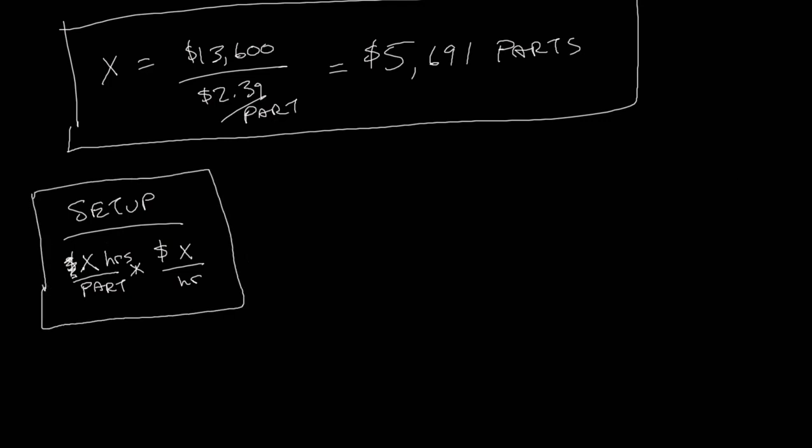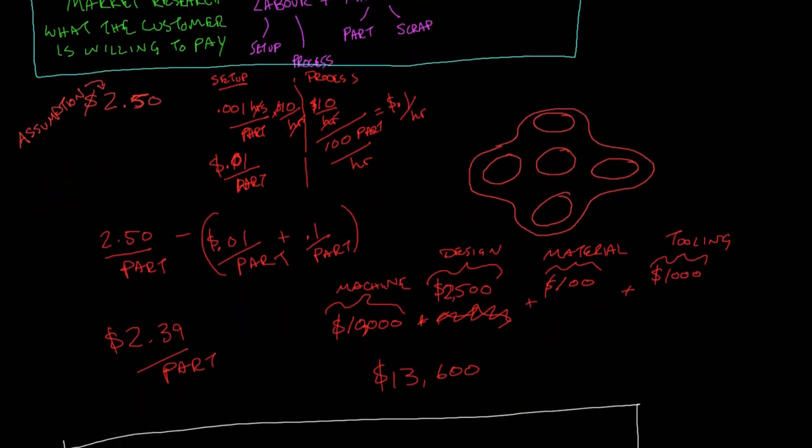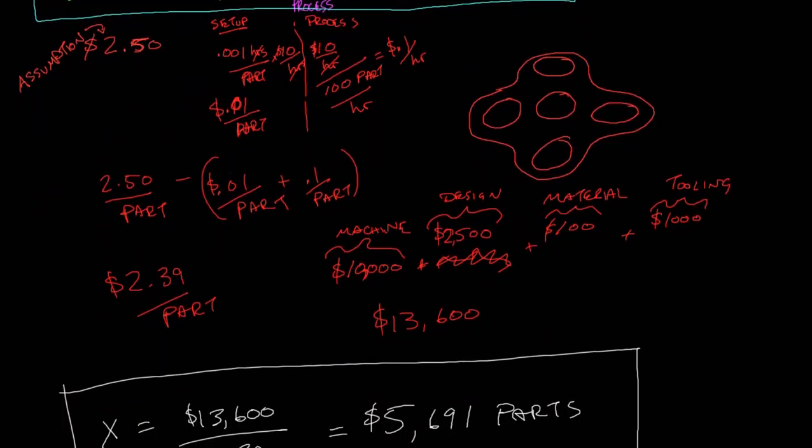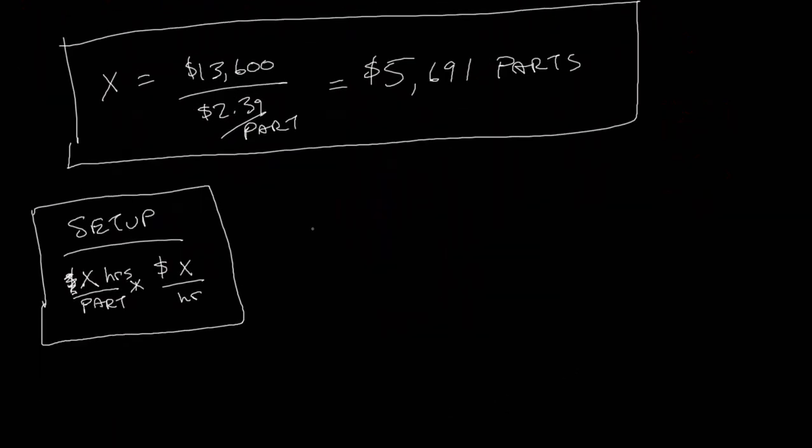And then your process cost is your hourly rate, X dollars per hour, and divide that by how many parts you can make per hour, X parts per hour.